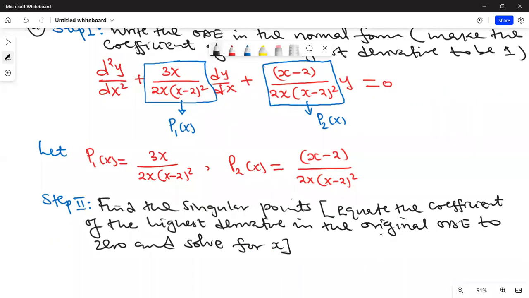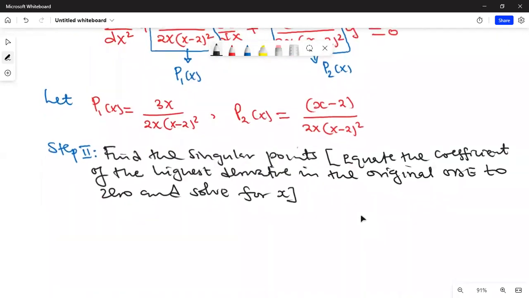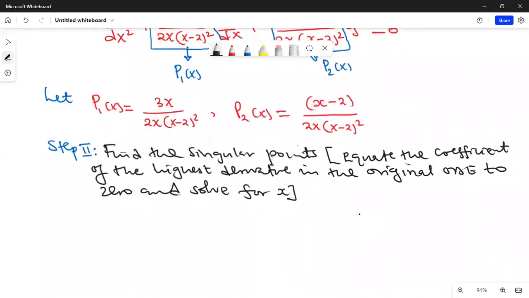That will give you the singular points. So what was the coefficient of the second derivative, the highest derivative, in this case? It was 2x times (x minus 2) squared. Equate this to 0.